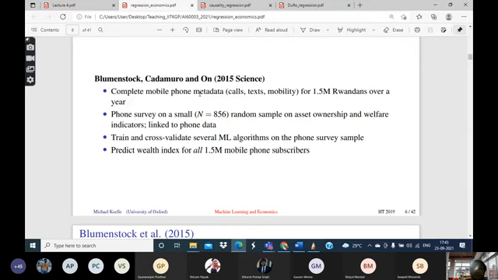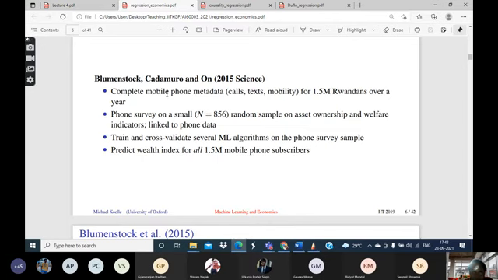A similar situation holds in Rwanda also. However, the way people behave using their mobile phones may vary from person to person depending on their economic status. So if we can somehow access the mobile call records of all the subscribers, then that can give us some idea about their economic prosperity or about their poverty.